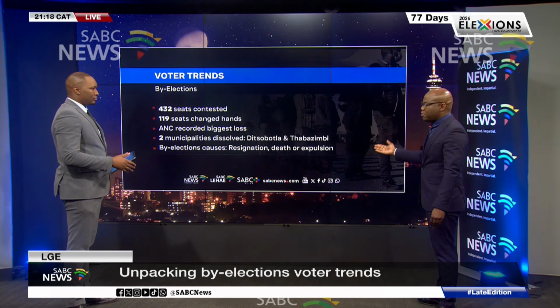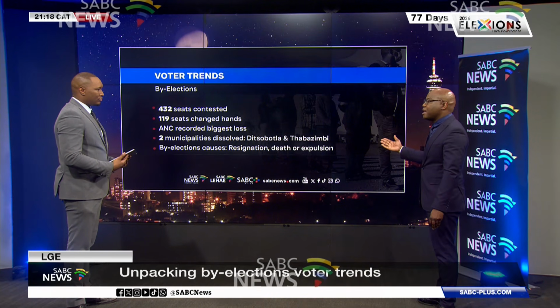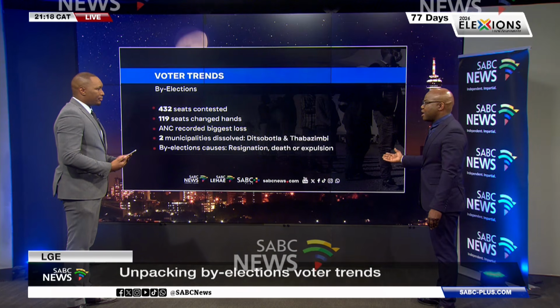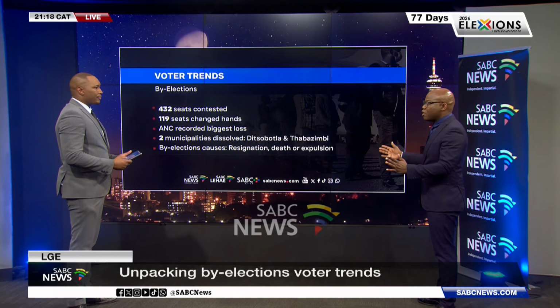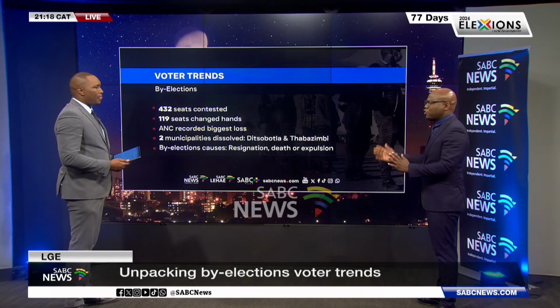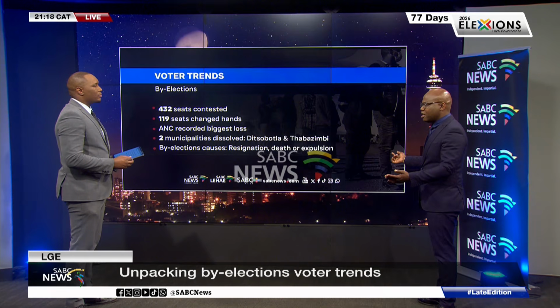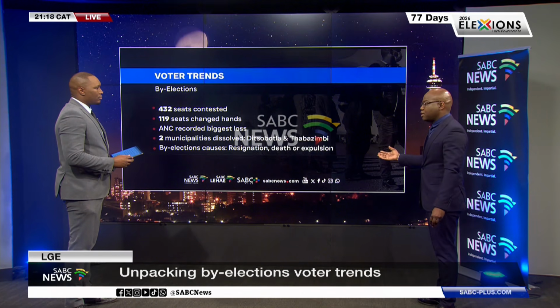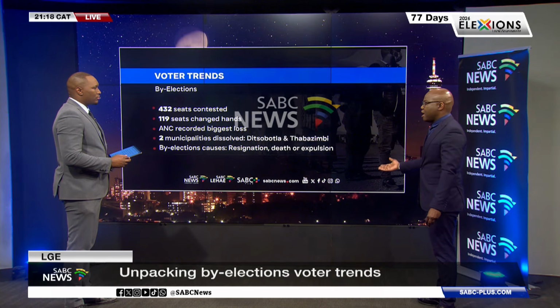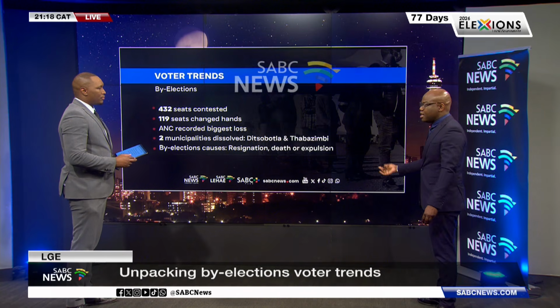It was experiencing the same thing, because I think since 2016 the municipality has been under a coalition government. In a coalition government there's a lot of trading and a lot of leadership changes in the municipality, and then the municipality was dissolved under Section 139, and it went into by-elections again.